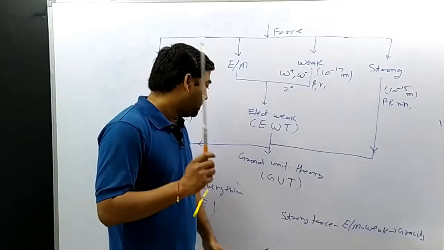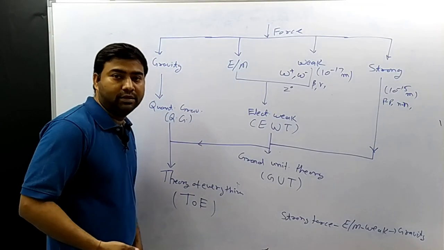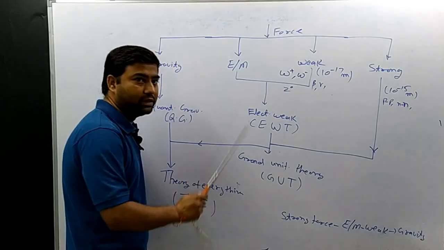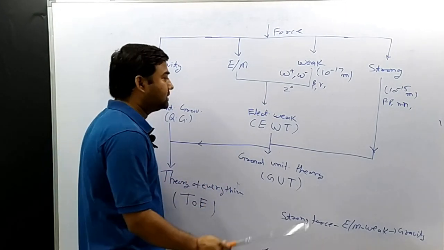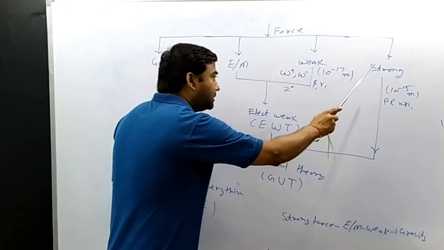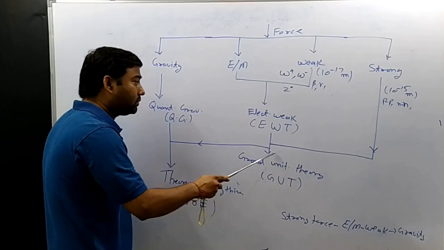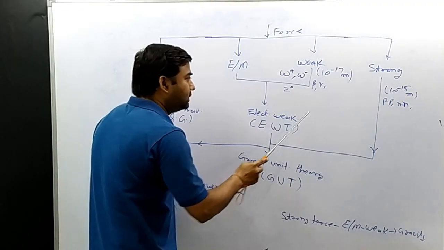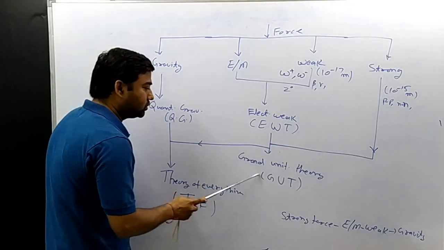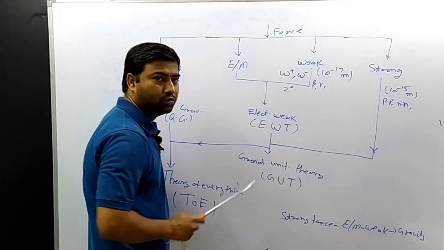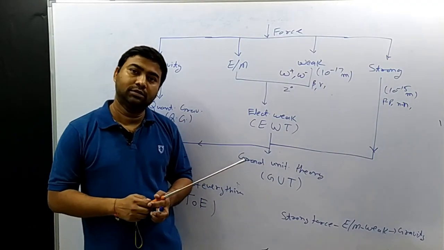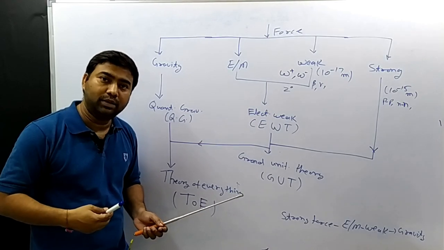Similarly, attempts are being made to unify the electroweak force with the strong force. A theory which will unify the electroweak force and strong force will be called grand unified theory, GUT.